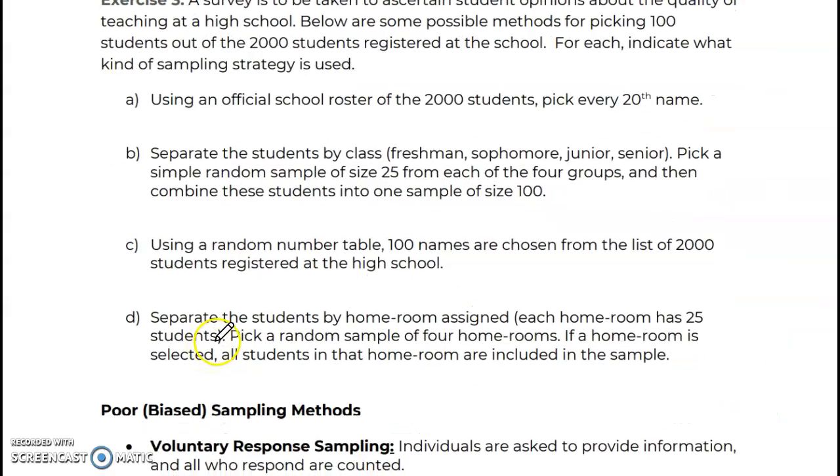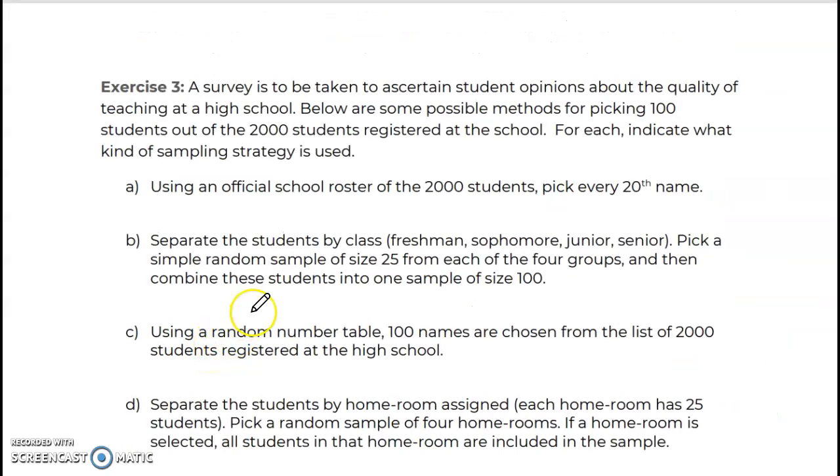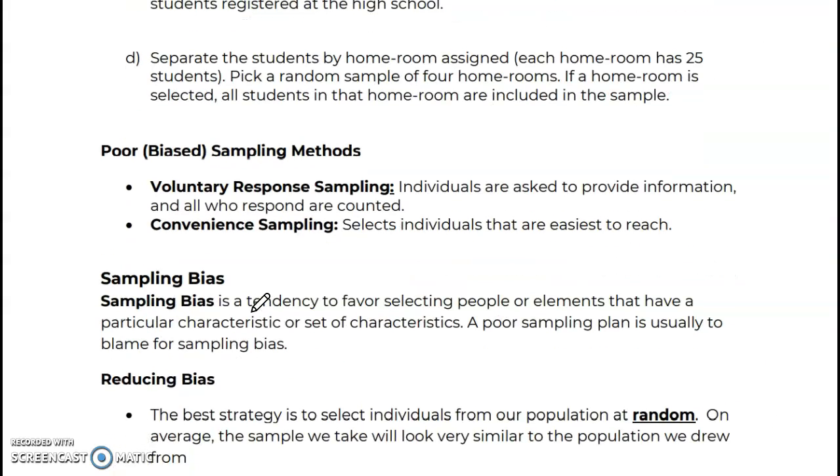On the next page, we have an example which we'll look at in class, but then we also have some poor sampling methods. Now, the idea with the poor sampling methods is that they are biased sampling methods, because oftentimes they lead to very different results than our representative samples would, or they have very different results than our overall population.